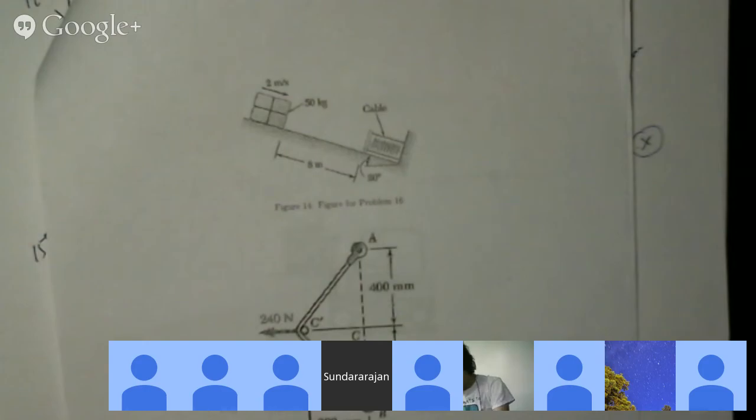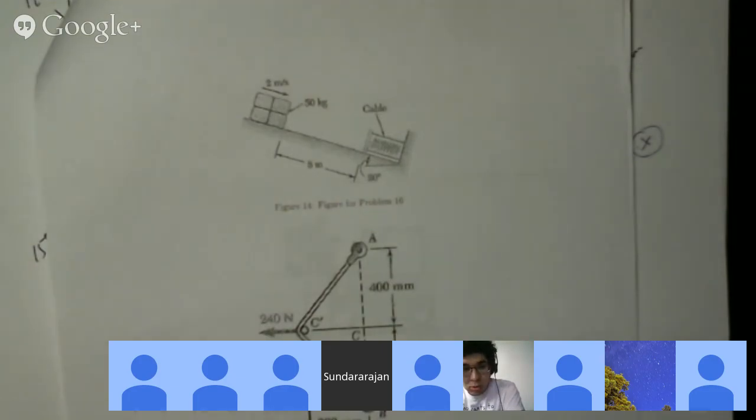Can we find the velocity at the end of the 8 meters, by using mg sine theta equals ma, and through the acceleration you can find the velocity by using v final squared equals v initial squared plus 2as. Okay, good.